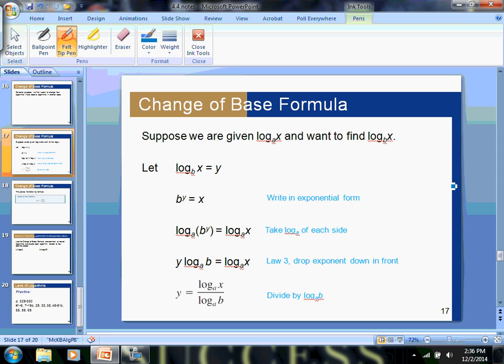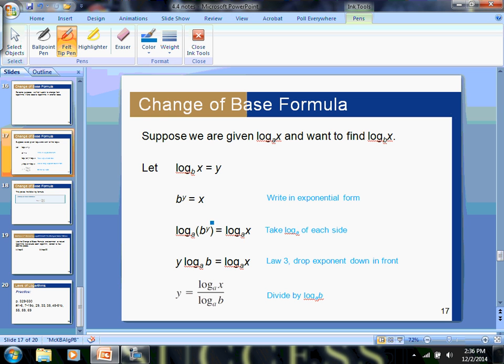If you have this logarithmic expression, log base b of x, and you're trying to evaluate it, up until now we've said, okay, set it equal to something, rewrite it in exponential form. What they're doing here for this proof is taking the logarithm of both sides, log base a and log base a.